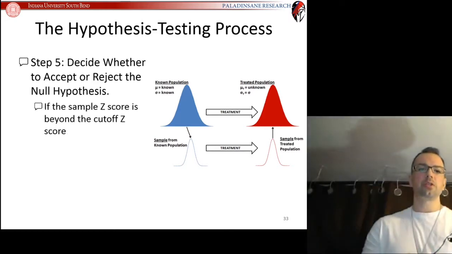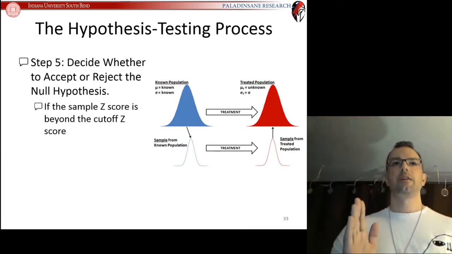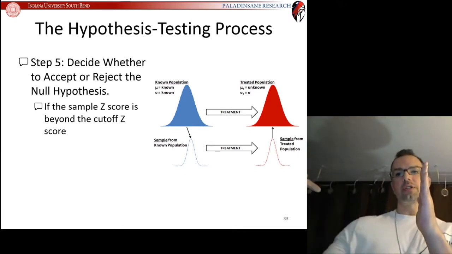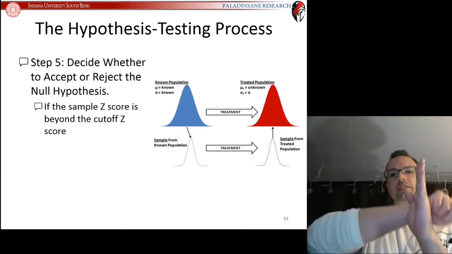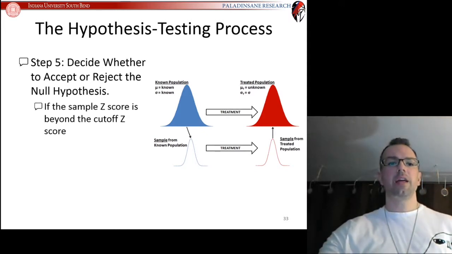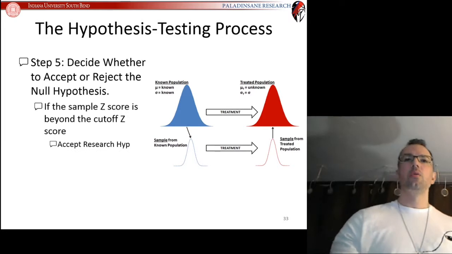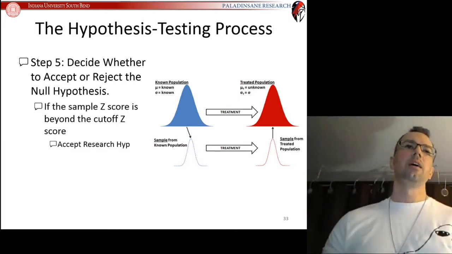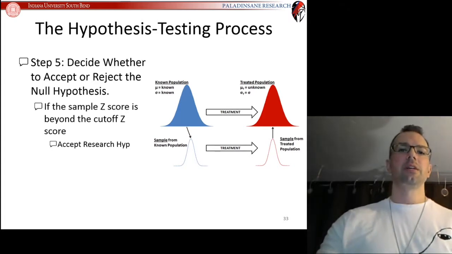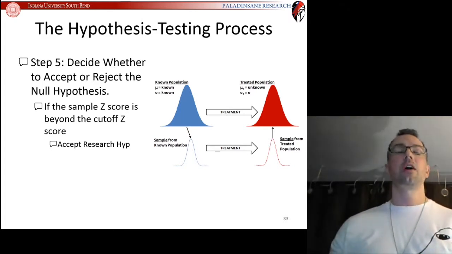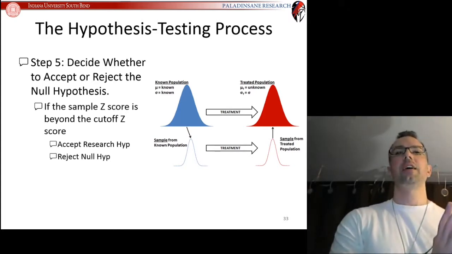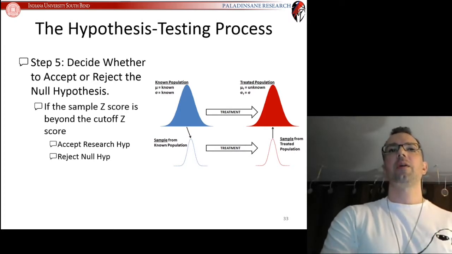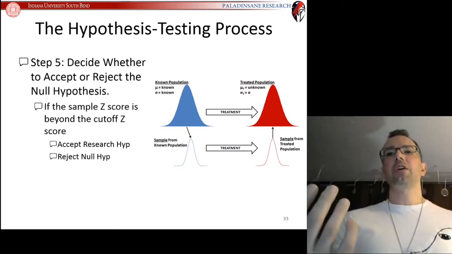And then the decision works this way. If the sample z-score is beyond the cutoff z-score, so your sample z-score crossed that line, then we're going to accept the research hypothesis. We're going to conclude that our treatment does do something. Our treatment did make a difference, and we reject the null hypothesis. We reject the idea that our treatment does nothing.